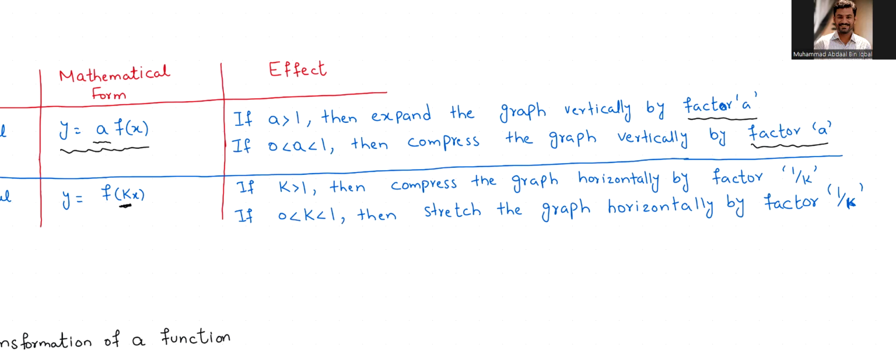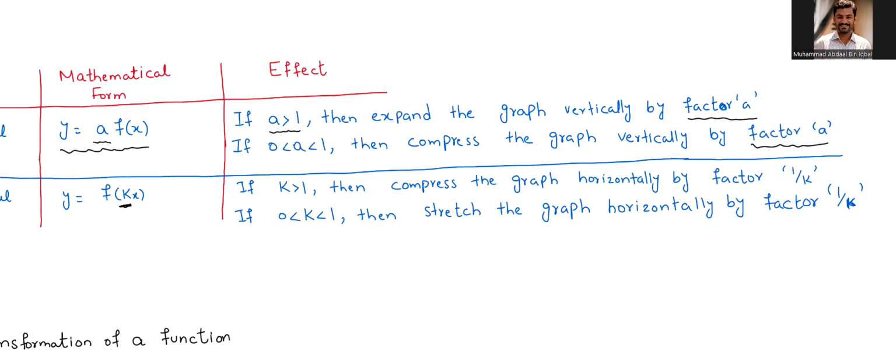If k is less than 1 and greater than 0, then stretch the graph horizontally by factor 1 over k. In both cases, you note that the cases are opposite to each other. If a is greater than 1, then expand the graph vertically by factor a.